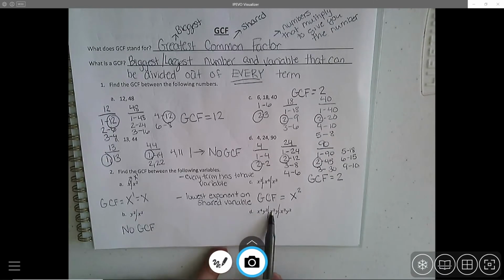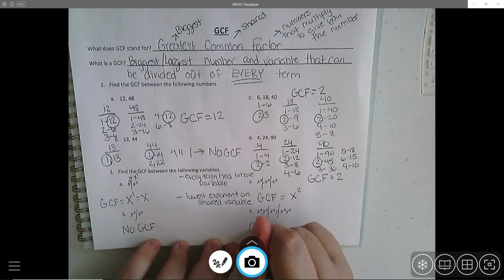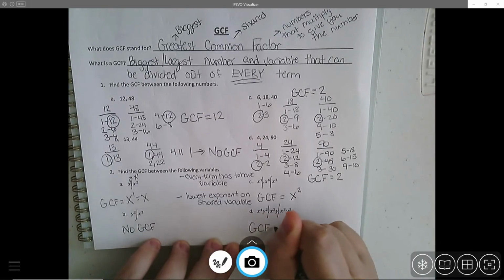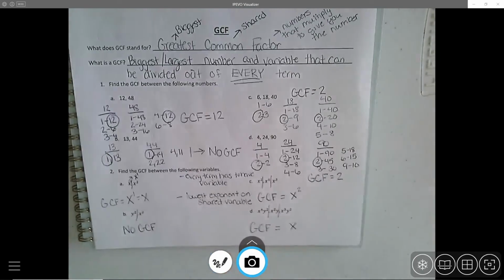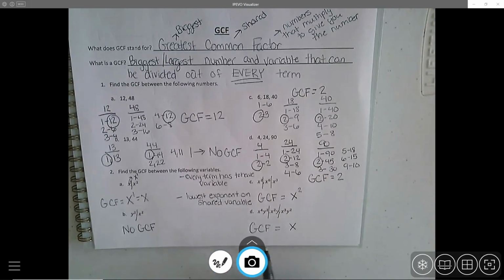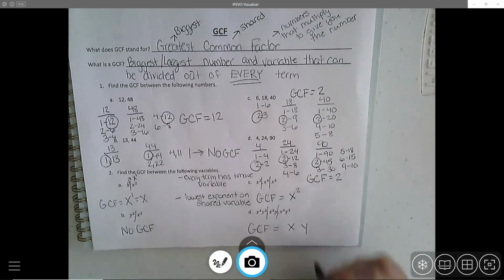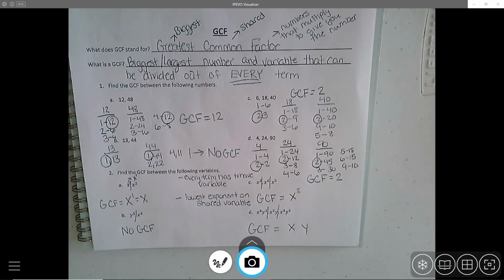Okay, in these 3 terms, notice this is an interesting one because they all have an x in them, but they also have a y in it. So there's actually 2 variables that are a GCF in this problem. That is fine. Sometimes you will have 2 variables, sometimes you have 1, sometimes you have none, sometimes you have more.